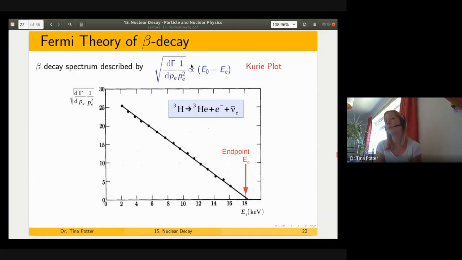This should be proportional to the energy released minus the electron energy. It should be proportional to the neutrino energy.